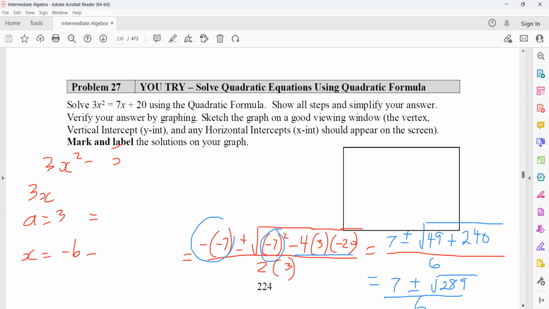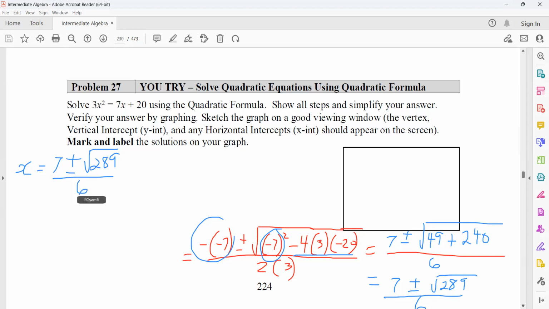So with this, we're going to have x equal to 7 plus or minus the square root of 289 all over 6.